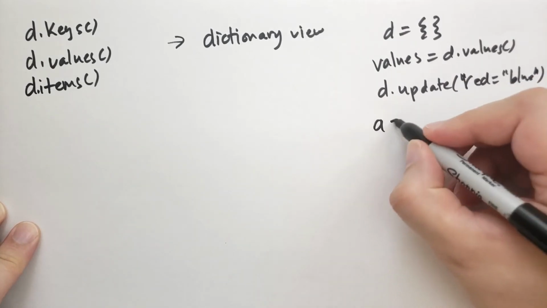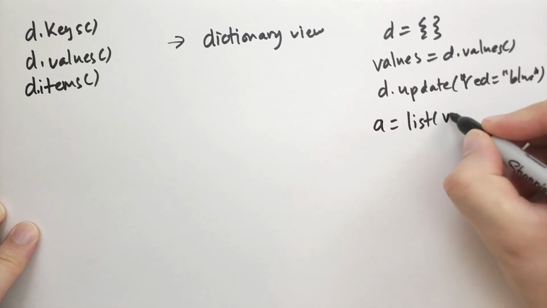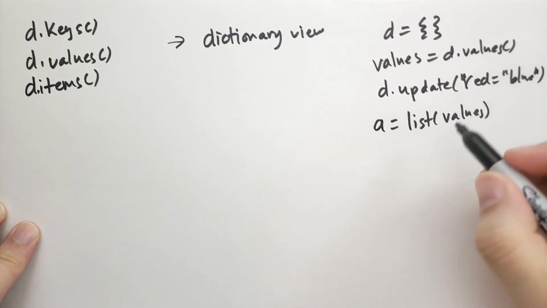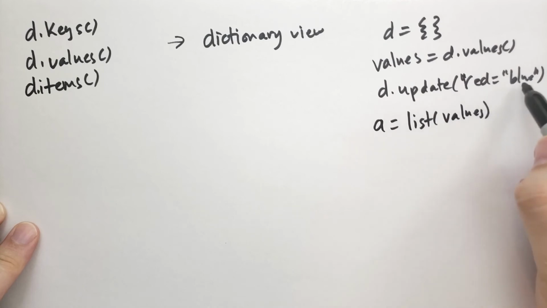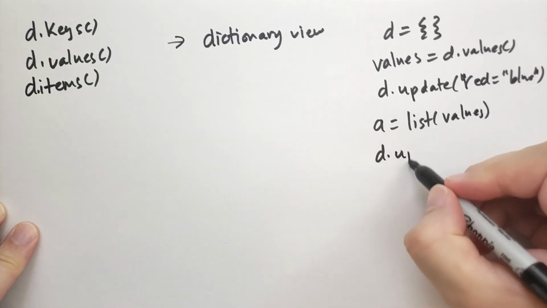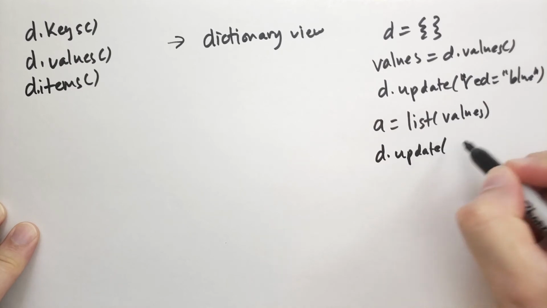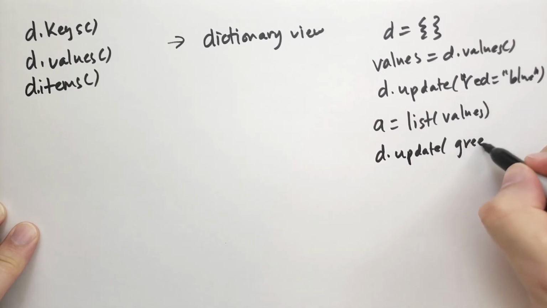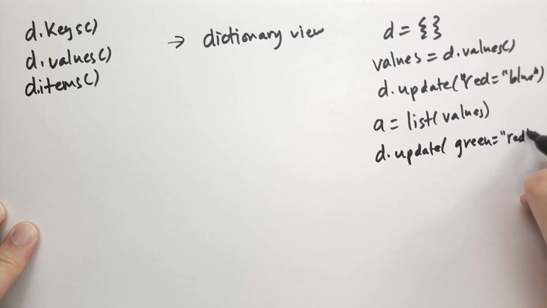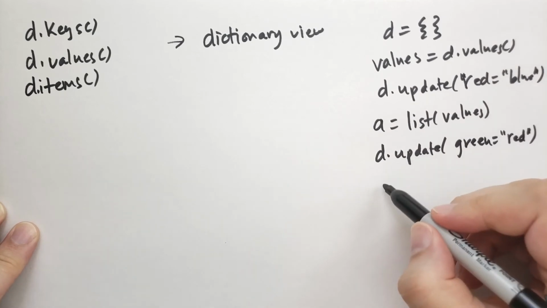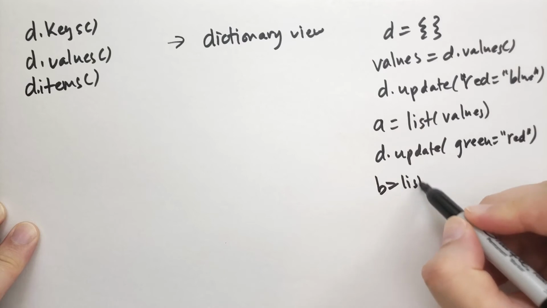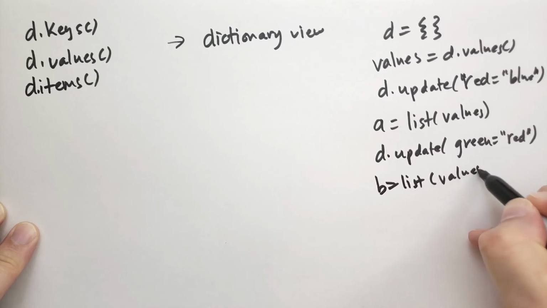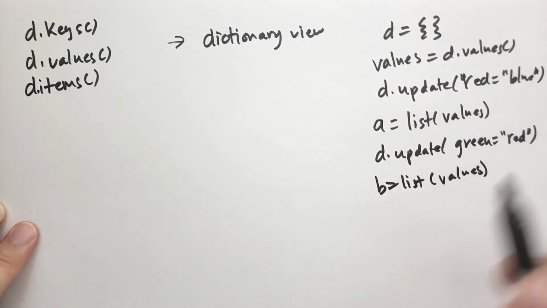Now, if we were to create an array that's a list of those values, this array would just have blue. And then if you were to update the dictionary again, this time setting green to red, then when you create another list from values, it's going to have blue and red.